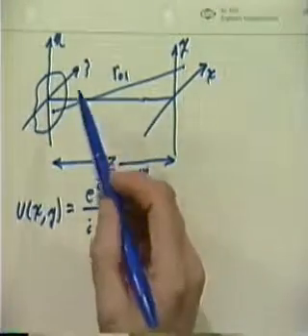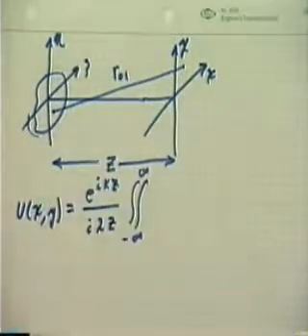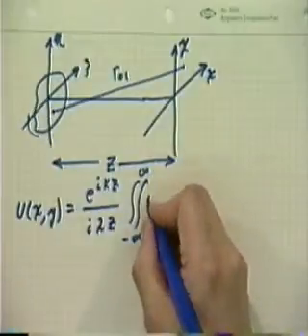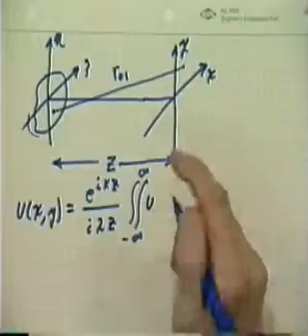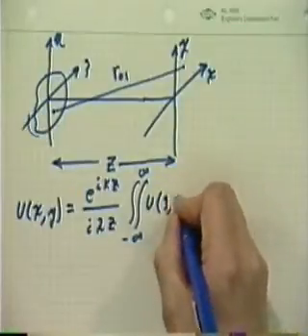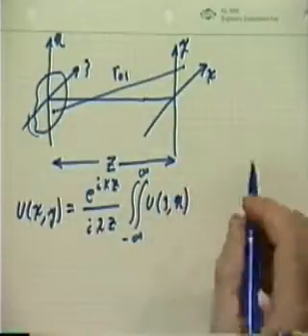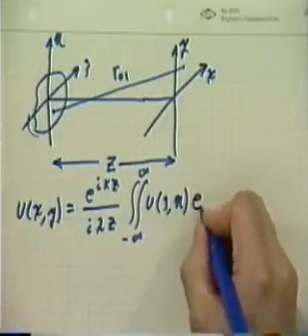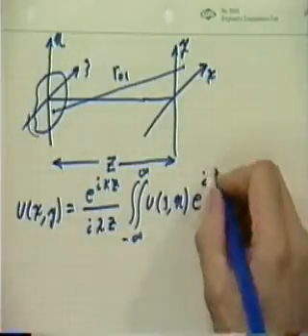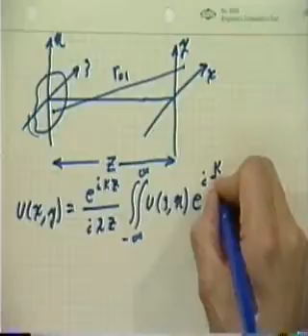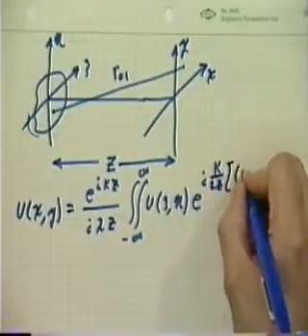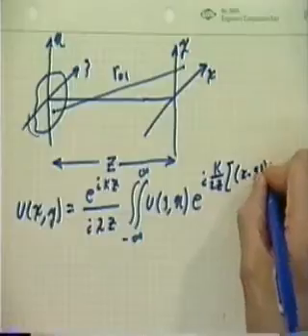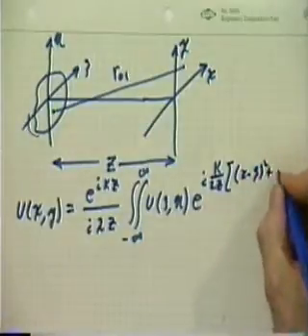And the fact that the aperture here has some finite size, we could put into the term here that goes as u of squiggle and eta. And then we had e to the i k over 2z, and we had an x minus squiggle squared, and we had a y minus eta squared.